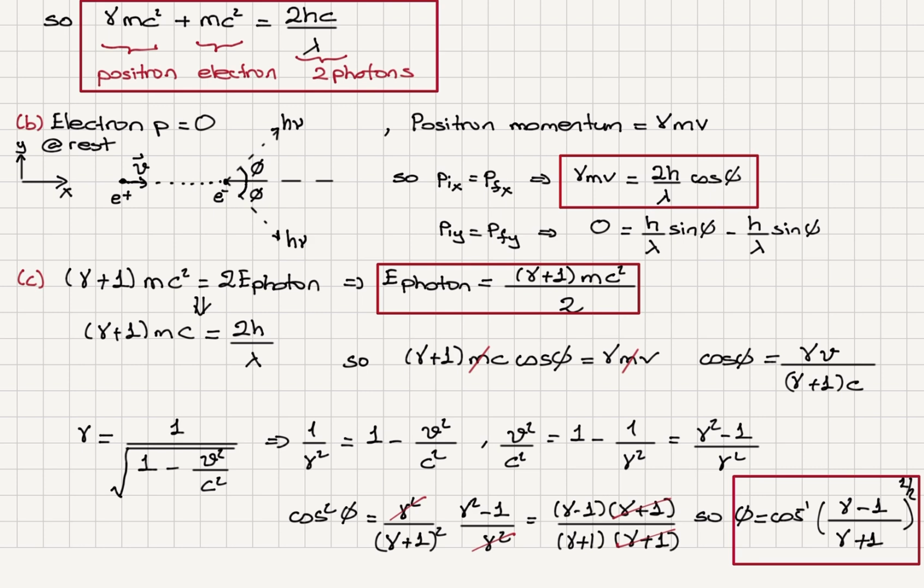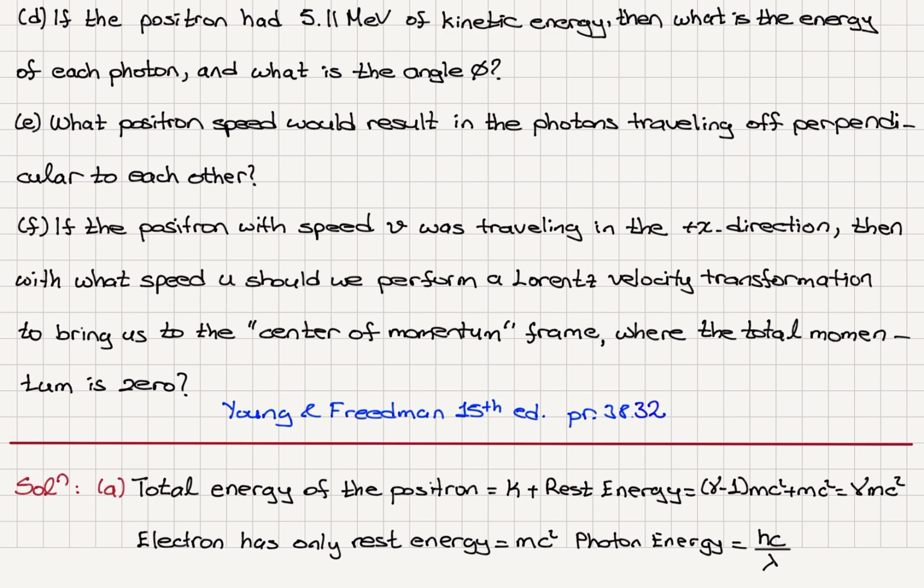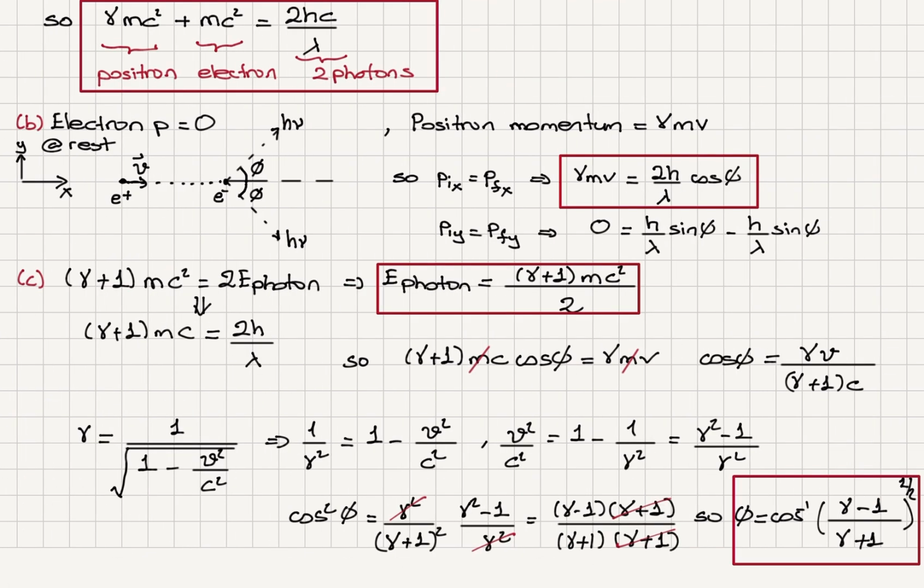Okay, so in this part of the problem, we have a positron approaching an electron at rest on the x-axis with speed v, and they collide and annihilate, and two photons are created. They will be scattered at an angle phi with respect to the horizontal axis.